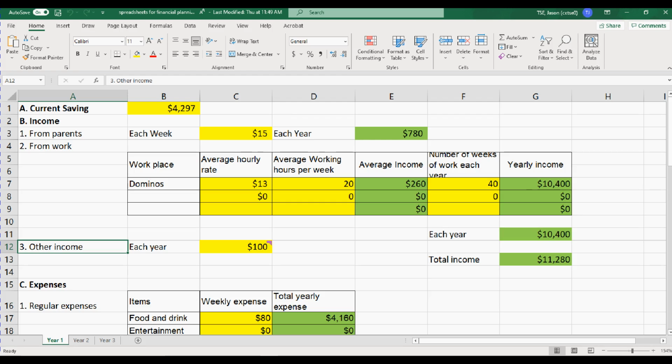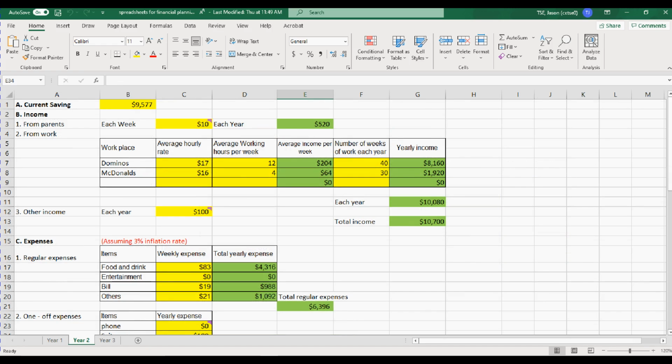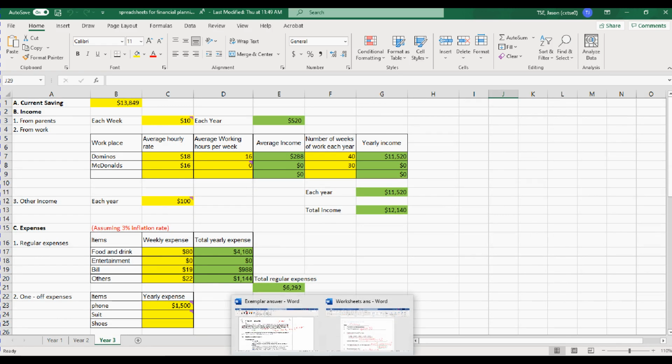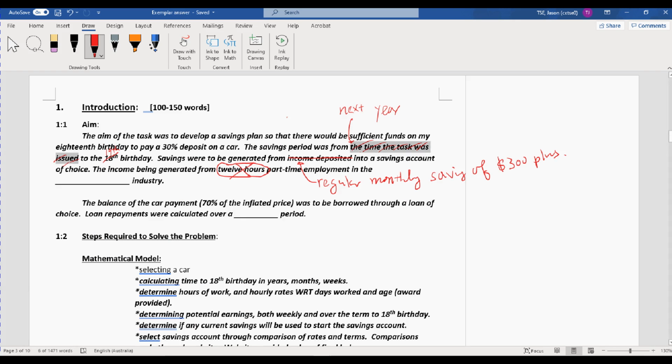From the work, you see the number of hours. That's 20 hours in the first year, 16 hours in the second year, and 16 hours again in the third year. The information is different to what the booklet suggests, so you need to change the content in that template.